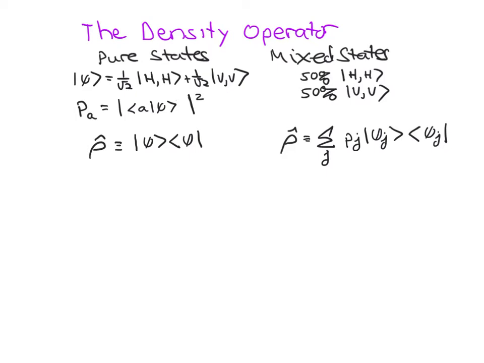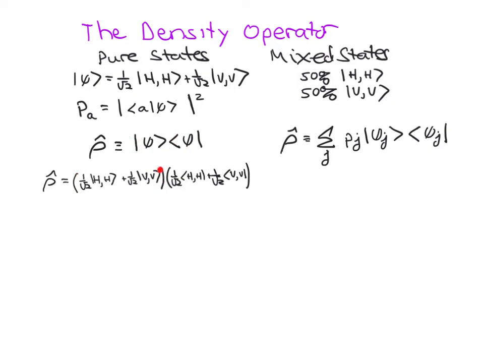So to take what is admittedly a very abstract set of definitions and make them a little bit more concrete, let's just write down the density operators for our two exemplar cases. So for the pure state, we'll write down the density operator corresponding to this particular psi. So all I've got to do is plug in for psi, plug in the ket, and plug in the corresponding bra.